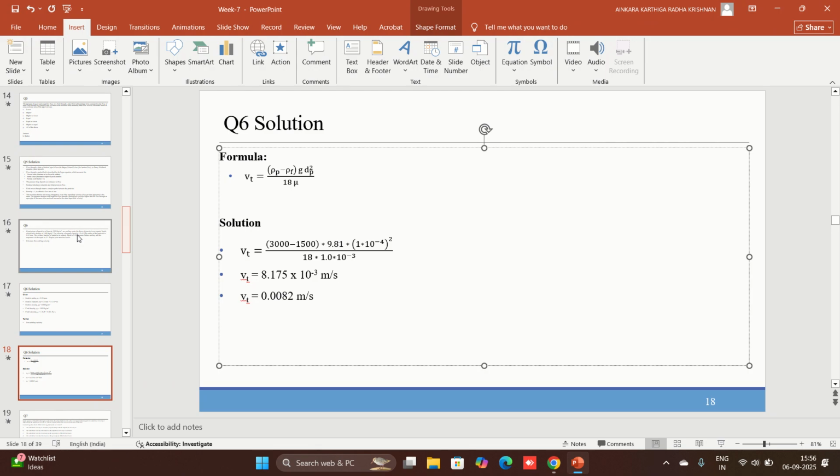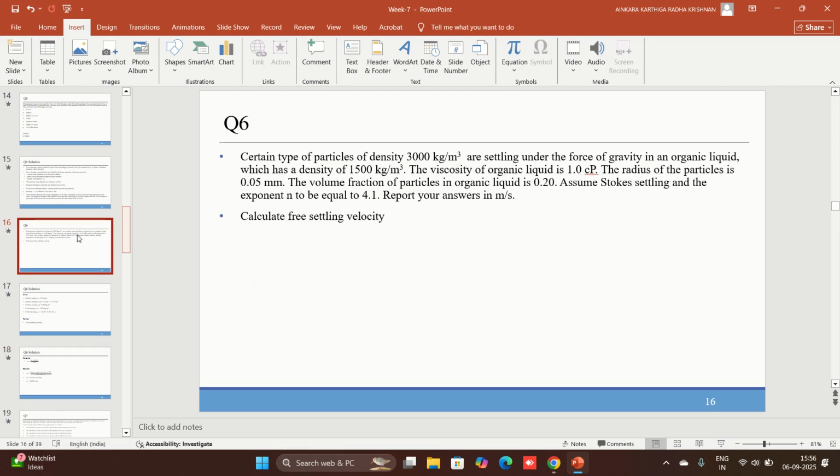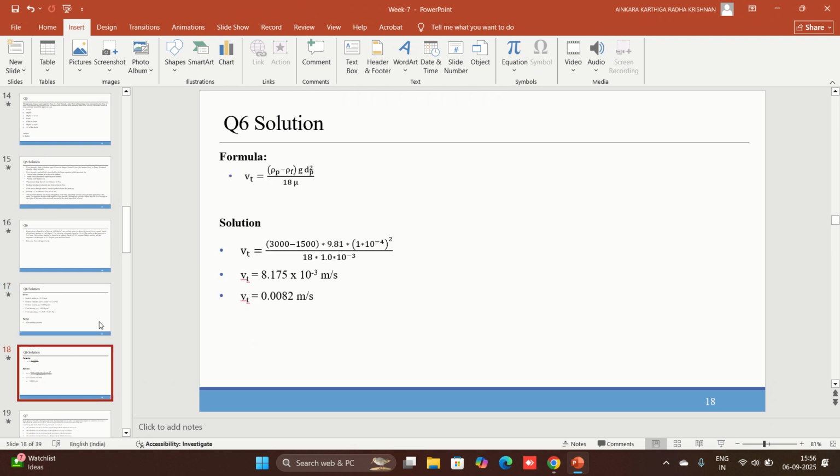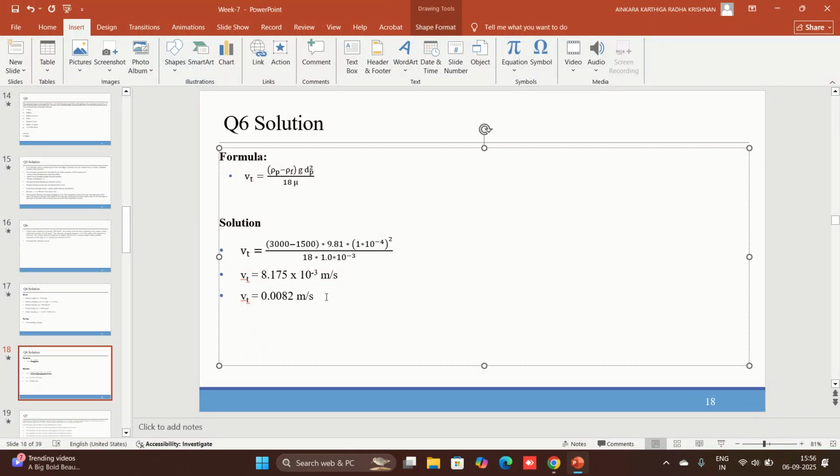In the question it was asked to report in meter per second, so it is the same, it is okay. So it is 0.0082 meter per second. Settling velocity equal to 0.0082 meter per second. So this is question 6.